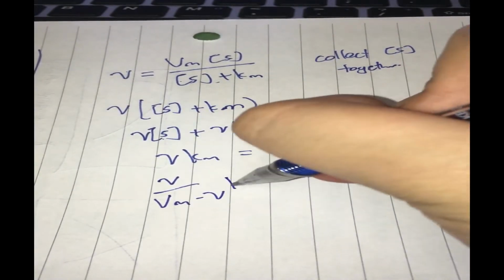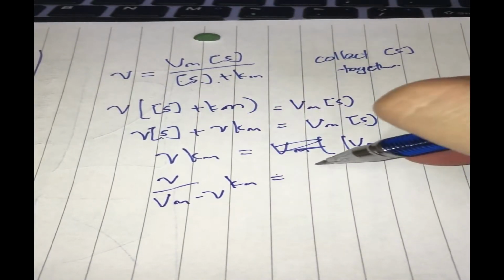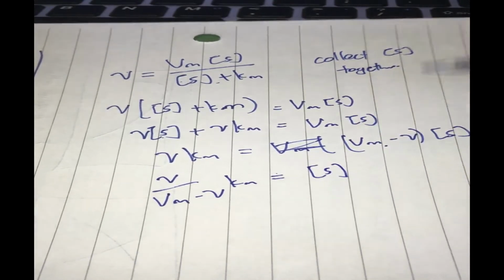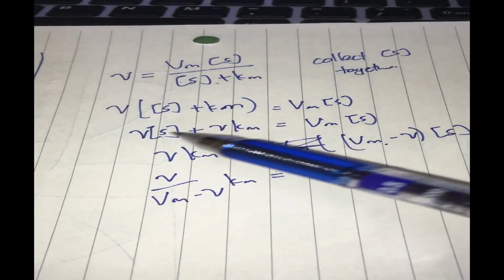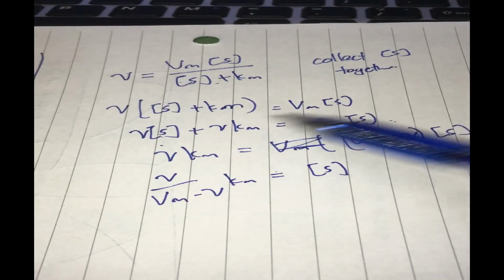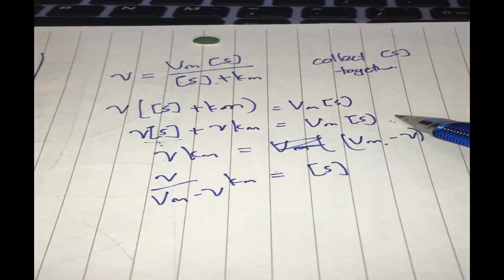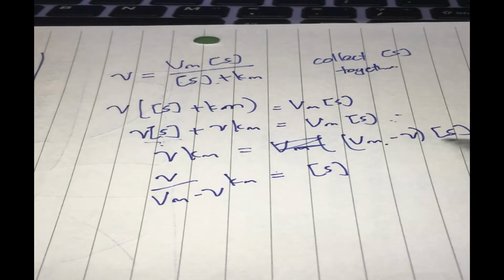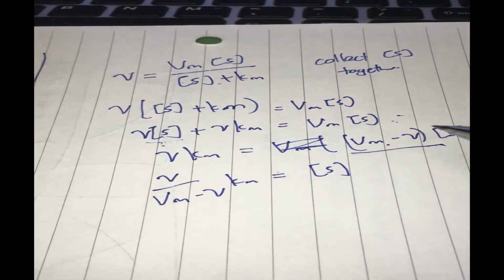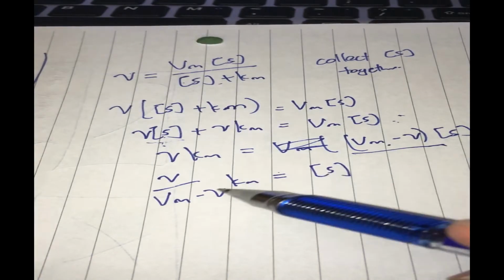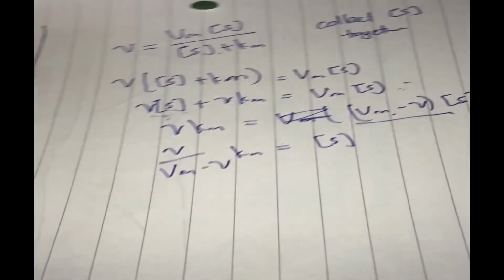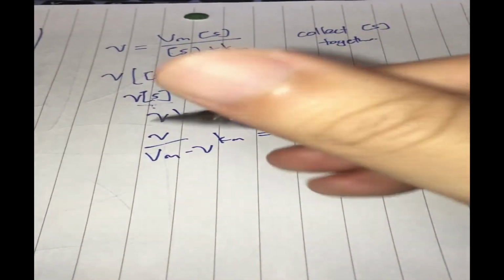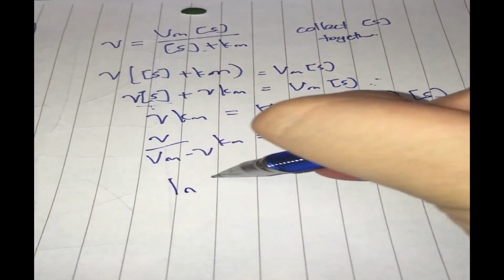Okay. So what I've done is I brought this term to the right hand side. So I've effectively factorized s out and divided the whole equation by this. And then what happens is this.